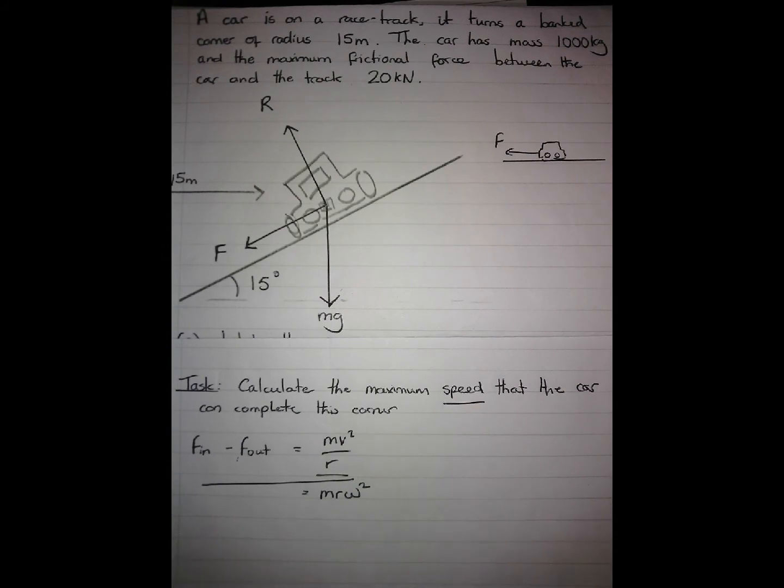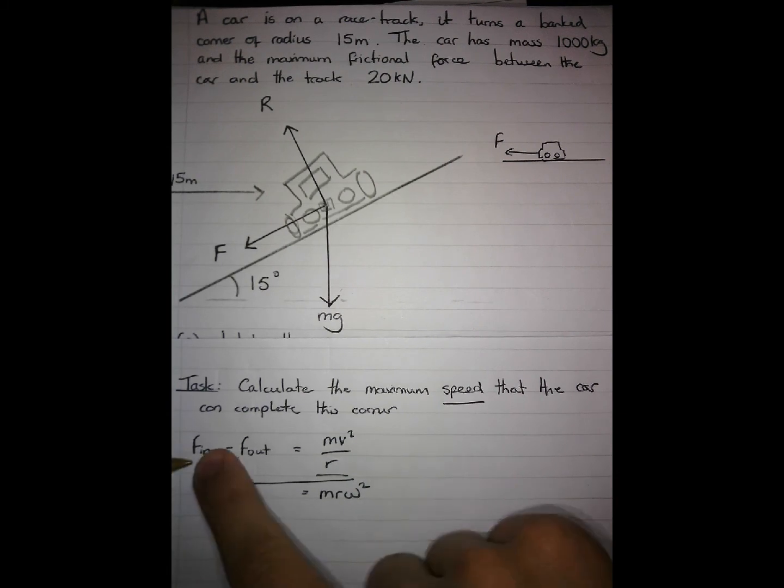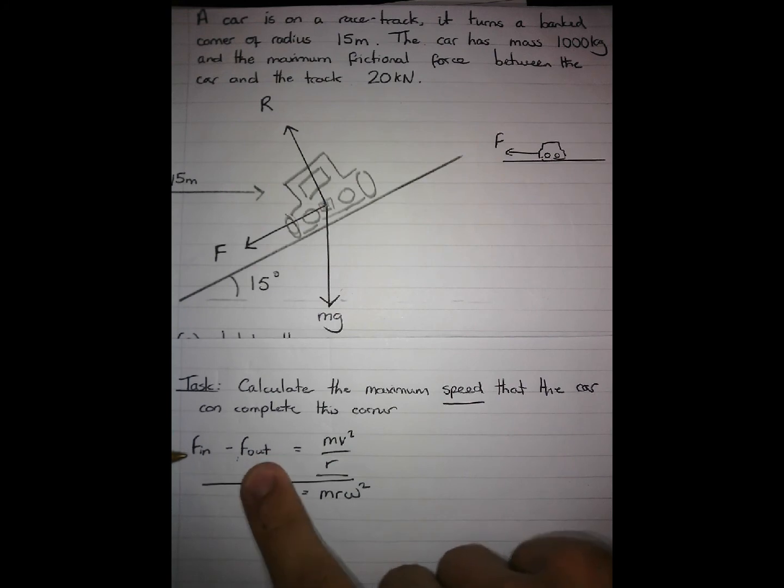What I'd like you to do now is pause the video and have a think about what forces are acting in on this car and what forces are acting out on this car. So let's have a look at the forces in to begin with.